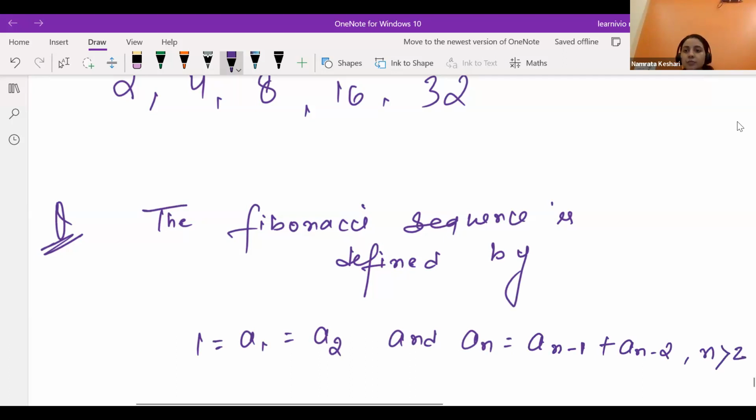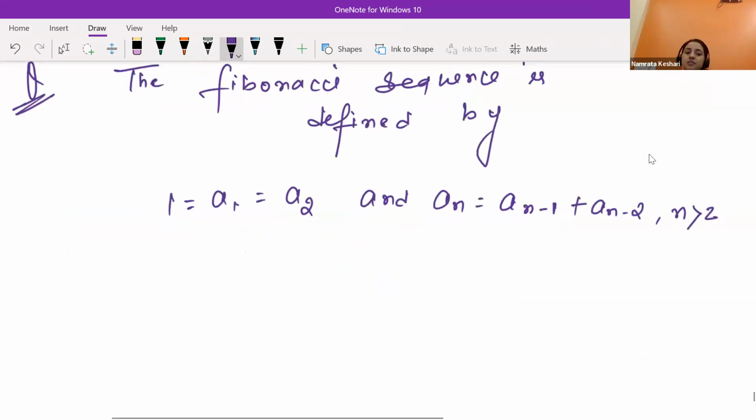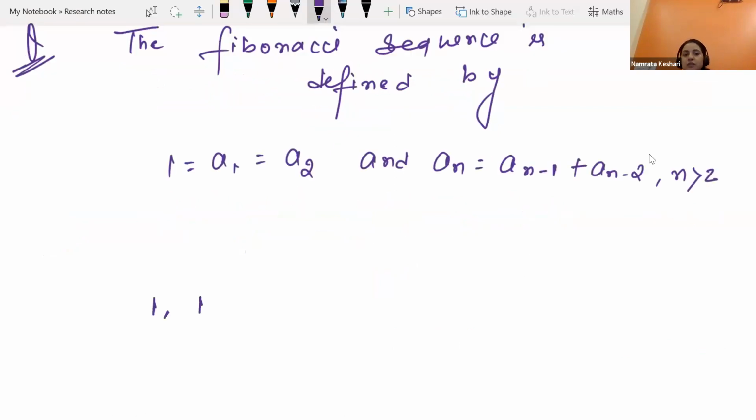This is how our Fibonacci sequence is defined. This is a very famous sequence where the first term is 1. The next term is 1, because a1 and a2 are clearly written over here as 1. Even if it is not written over here, this is such a famous sequence.